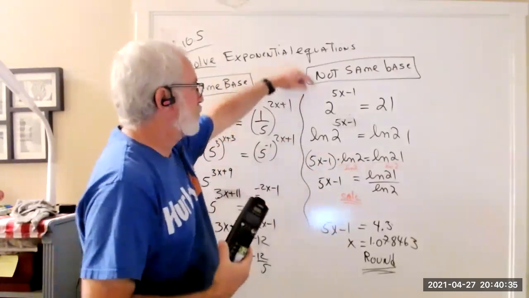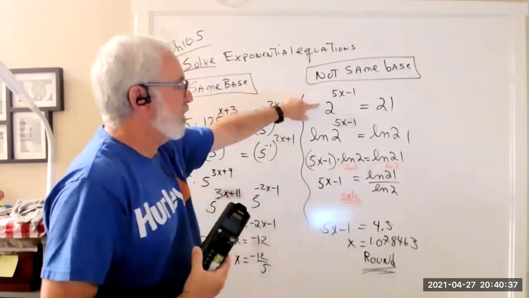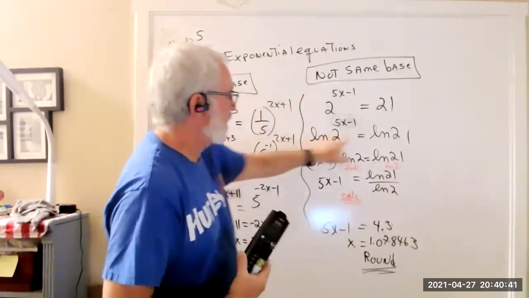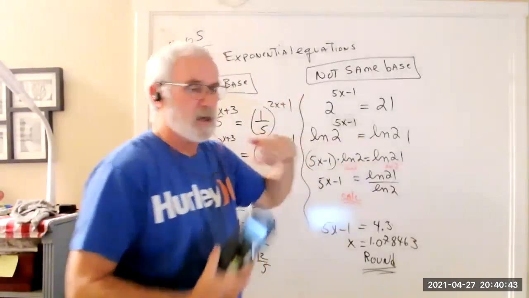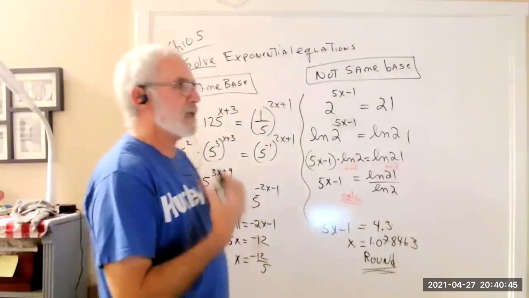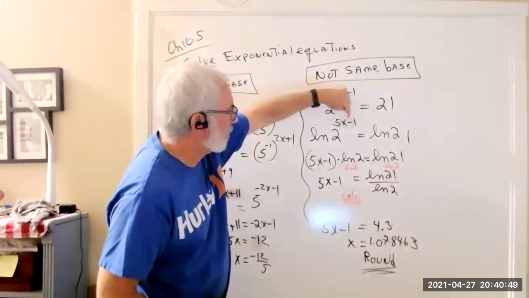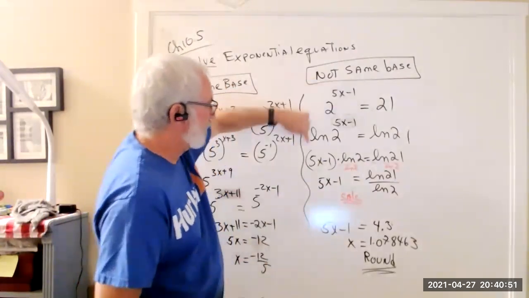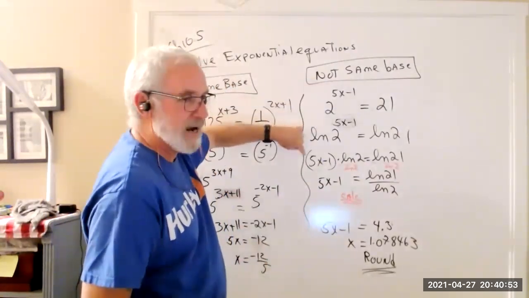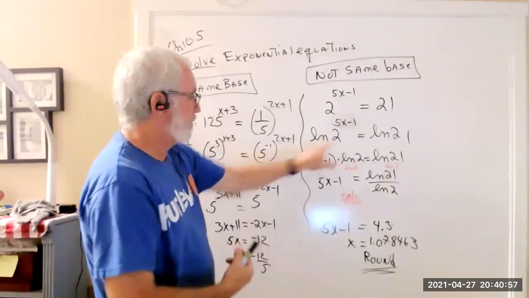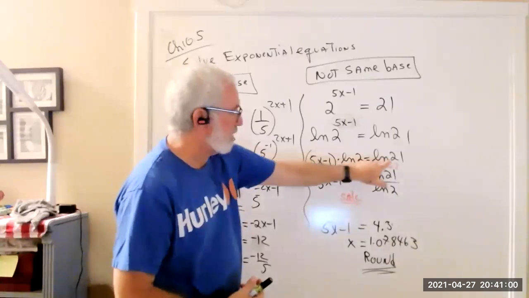So the real algebra here is, if they're not the same base, what I do is I take the ln of both sides. Why? Because that allows me to use my log laws, and most importantly, that allows me to bring the 5x plus 1 down out of the way. Then I divide both sides by the ln of 2.